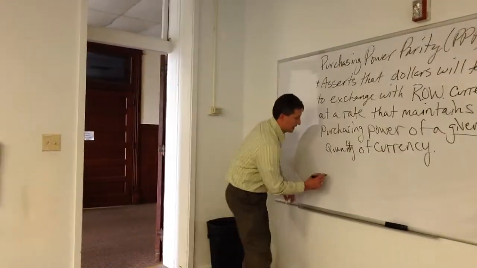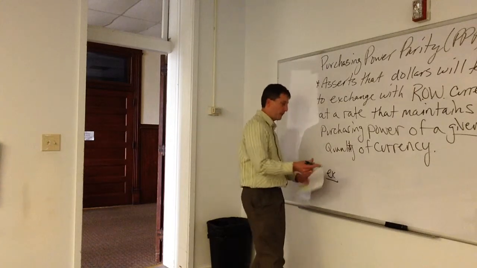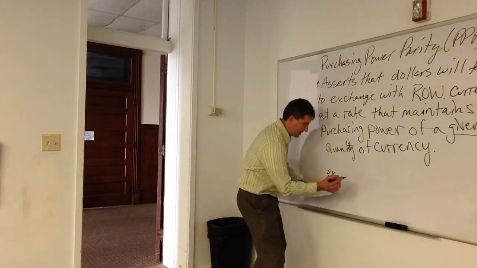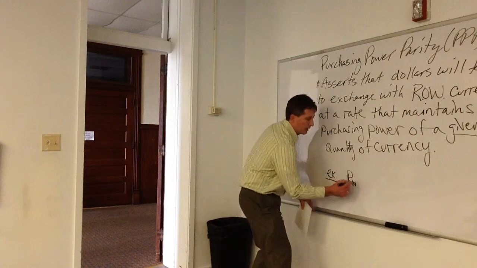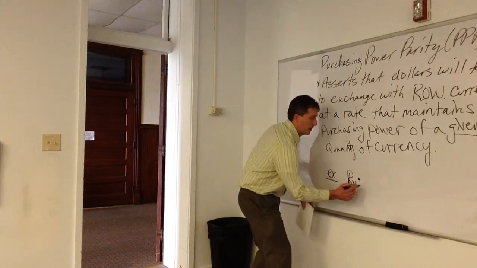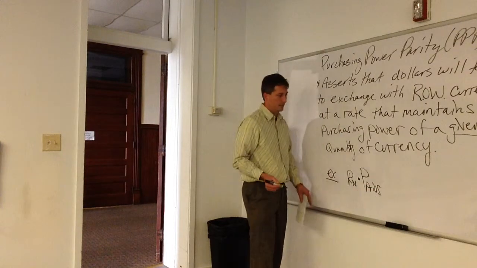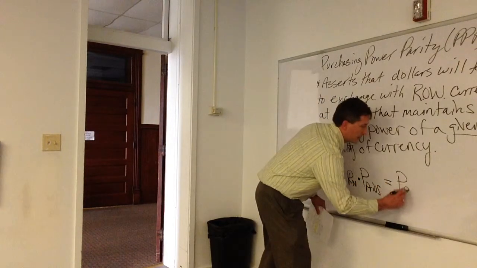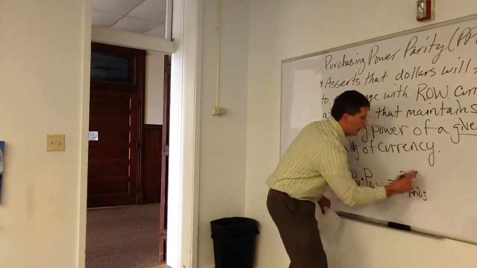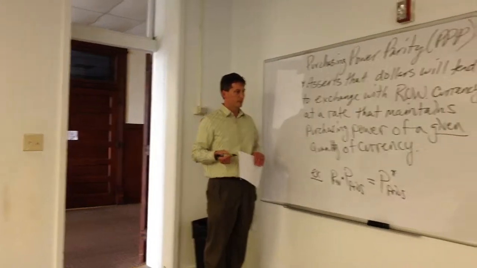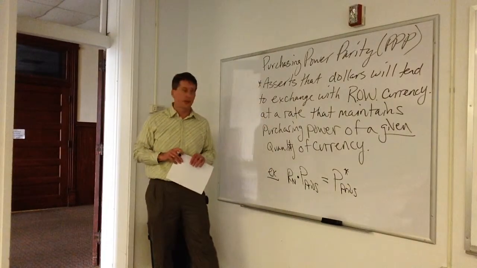Okay, so from our example, if we look at the price of a Prius, we basically expect that the exchange rate applied to the price of a Prius should be equal to the price of a Prius in the foreign country. Car for car. One car should be equal to one car.